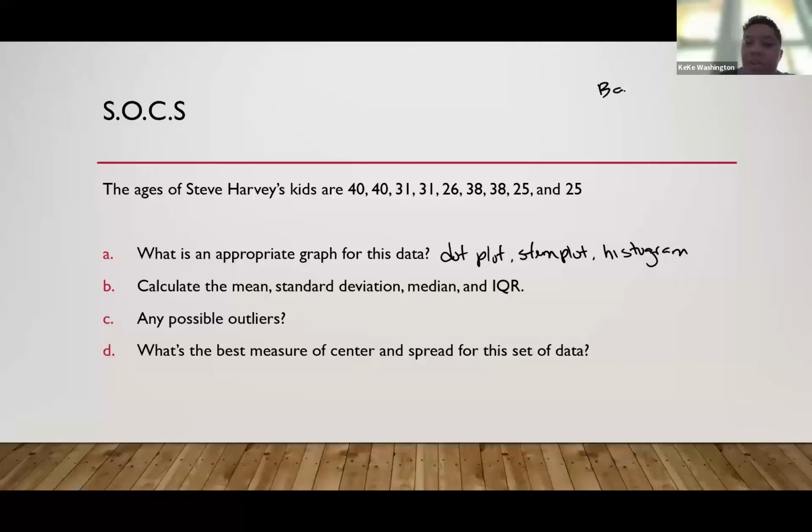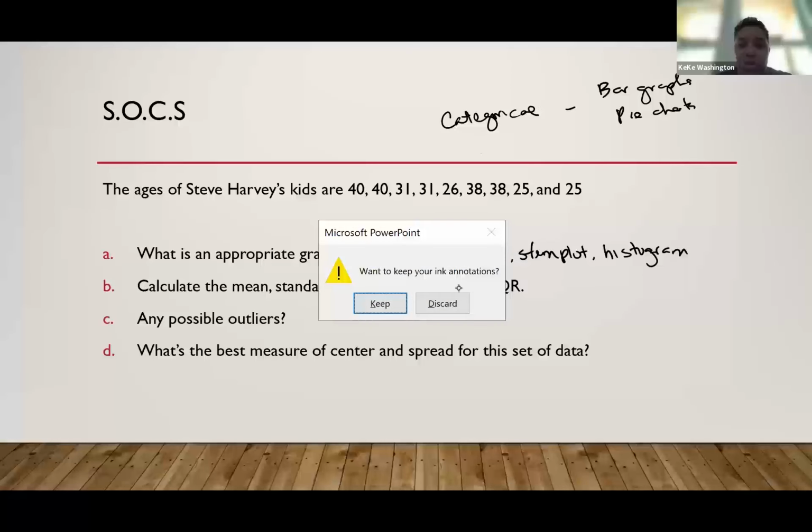Remember that bar graphs and pie charts are for categorical variables only. Okay, so we're going to take this information and open it in StatCrunch.